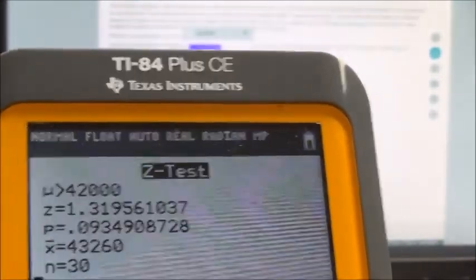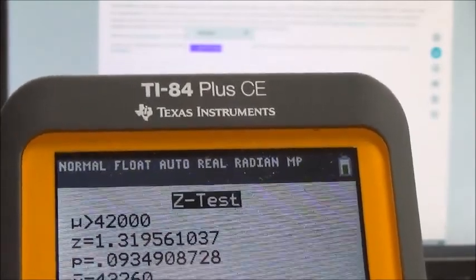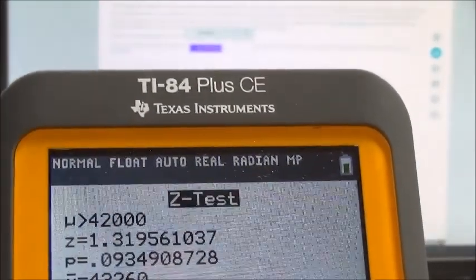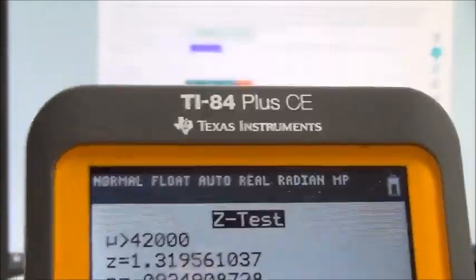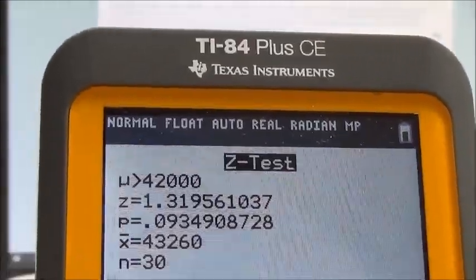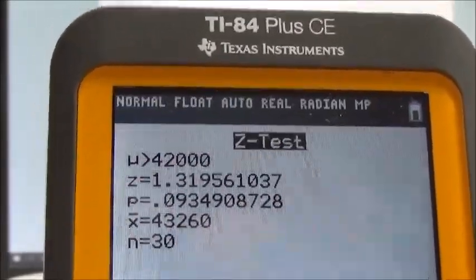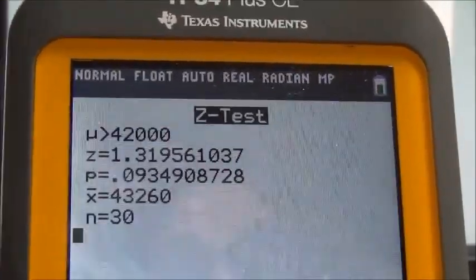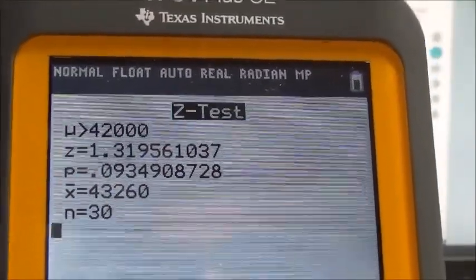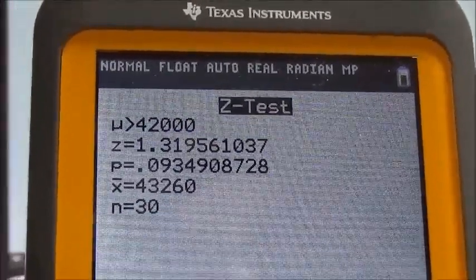So my null hypothesis would be that the mean is less than or equal to 42,000, because the null always has to contain the equal. My alternative hypothesis is what we have in there, that the mean is greater than the 42,000. My value of my test statistic is my z-value, 1.3195, so I would round that up to 1.320.